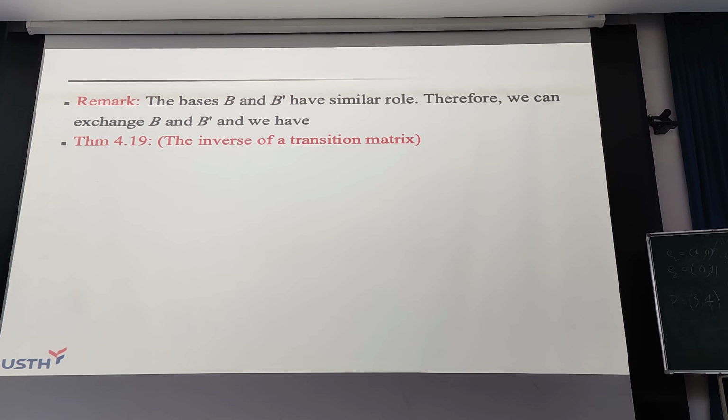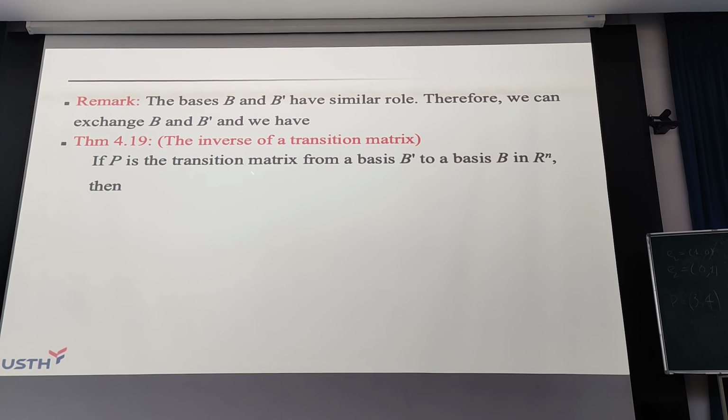Okay, next. I give you a remark that the bases B and B prime have the same role. So because of that, if we exchange the roles of B and B prime, then we get the following.